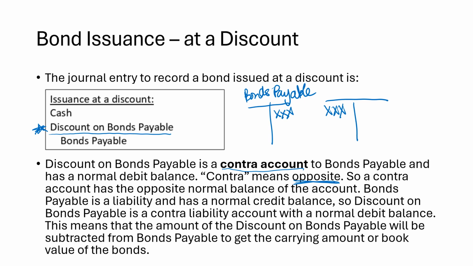So another thing that we're going to go over in addition to this is the way that the discount affects the carrying or the net value, the book value of the bonds. And so we have looked at other similar situations, for instance, in Accounting 200 when we talked about receivables being on the books.